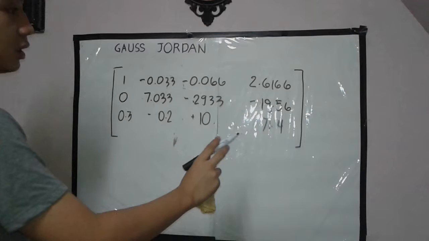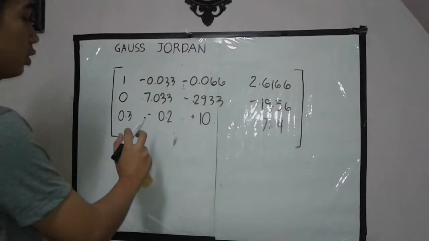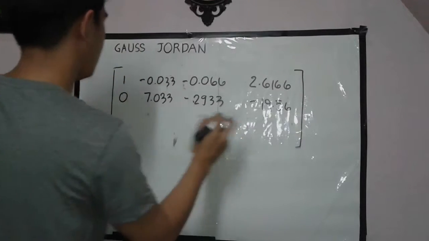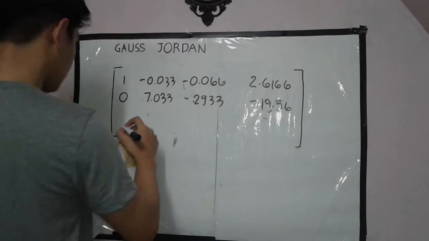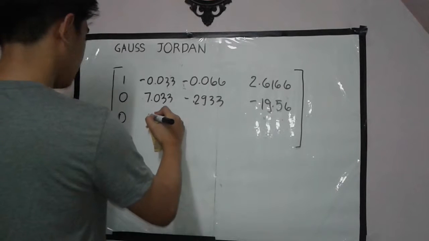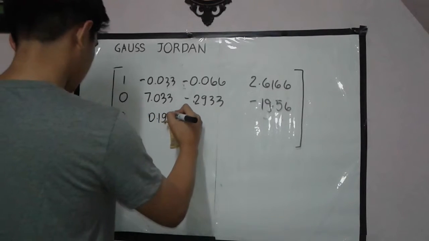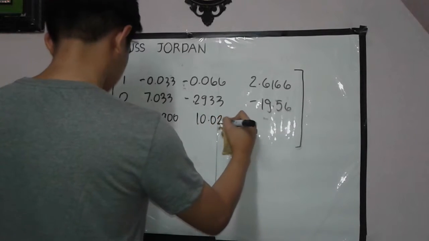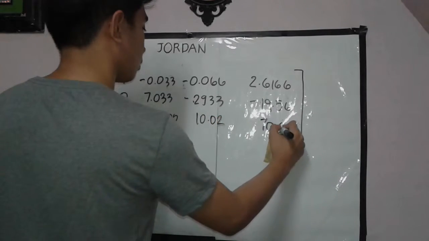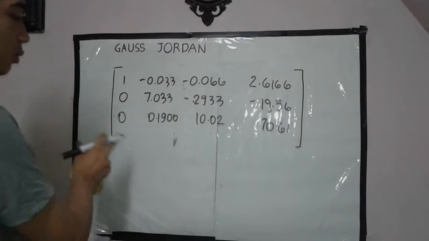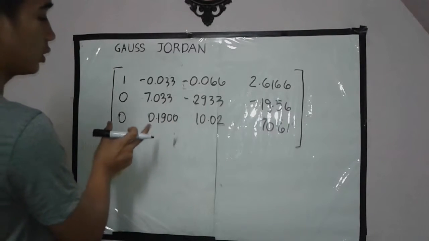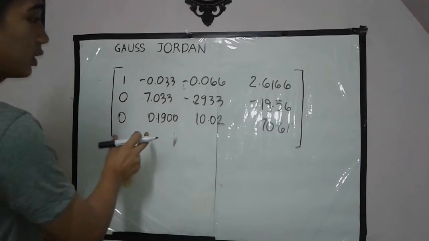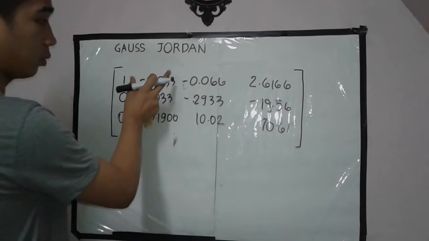Then use the same method on your third row. Then it will become 0, 0.19, 10.02, 70.61. This is just by subtracting your rows from your initial unknowns, then dividing by the first row.